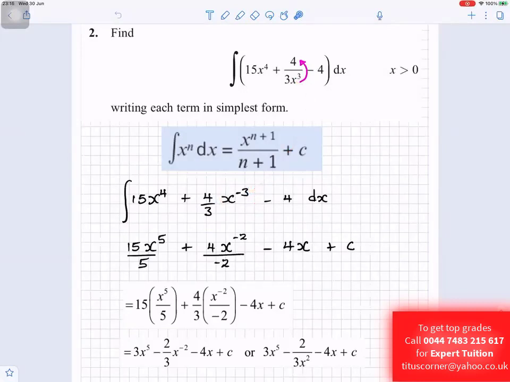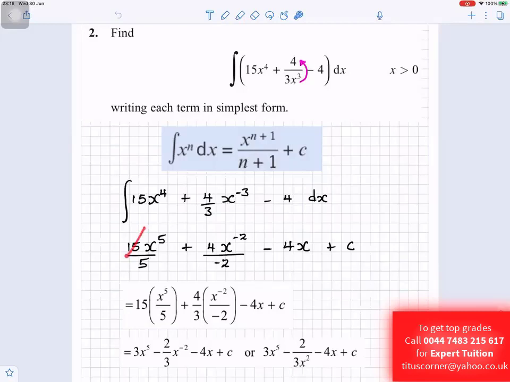Now you've prepared the function, you can integrate it. Add 1 to 4, 4 plus 1 gives you 5, and you divide by 5. Add 1 to minus 3, it gives you minus 2, and you divide by minus 2. And this one is like x to the power 0, so when you add 1 to it, you just get x to the 1, and when you divide by 1 it stays the same, and you add the constant of integration.